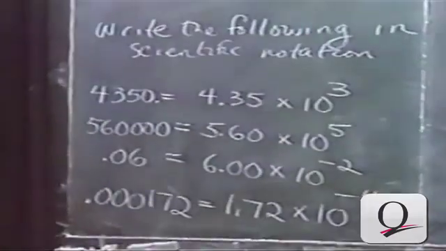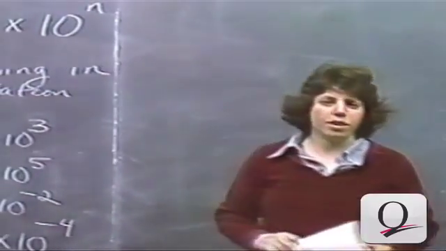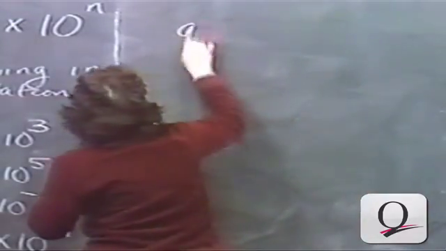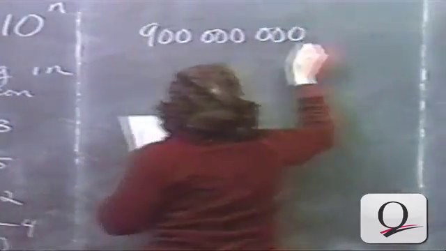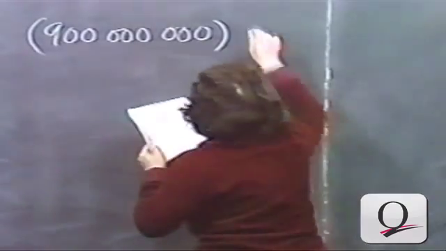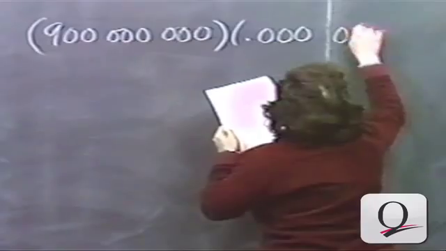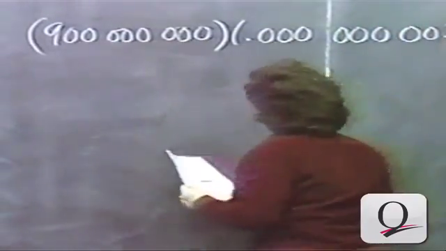We're now in a position to use scientific notation to help us compute arithmetic expressions that involve very large and very small numbers. Let's go back to the one that we started the videotape with. That is 900 million times 0.0000003.